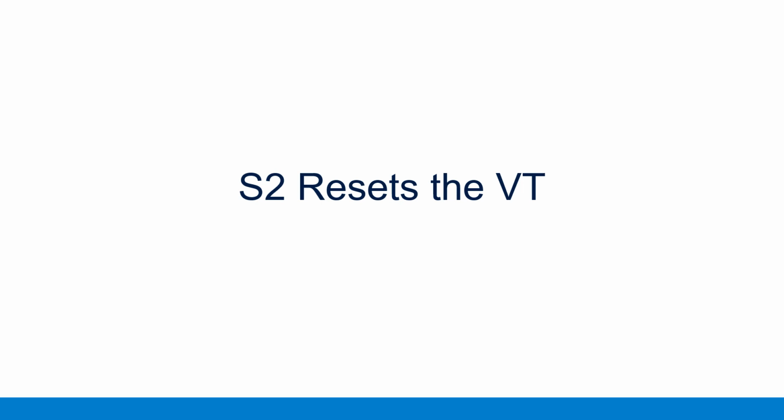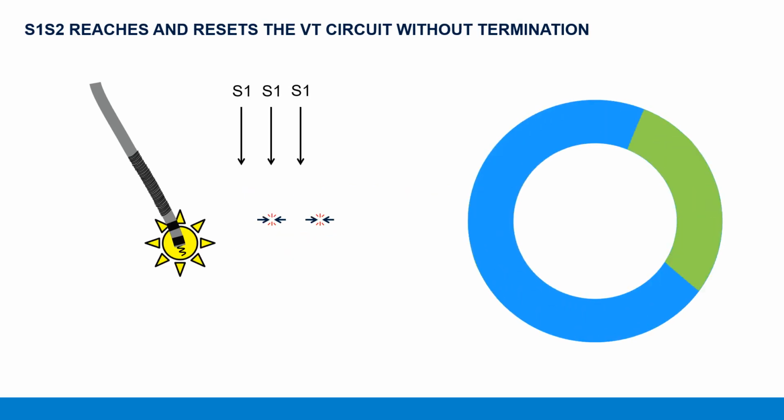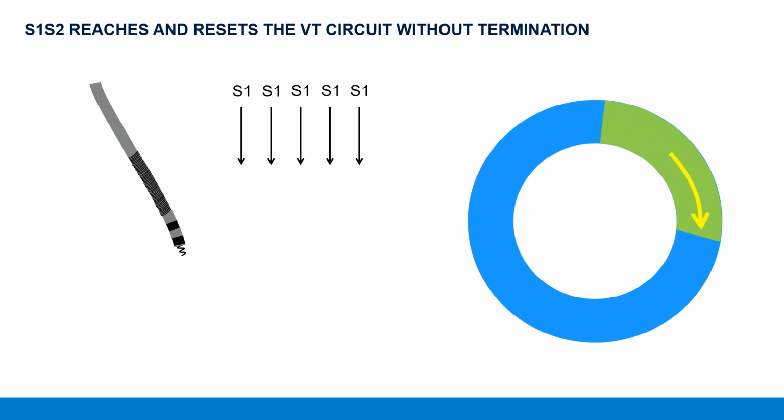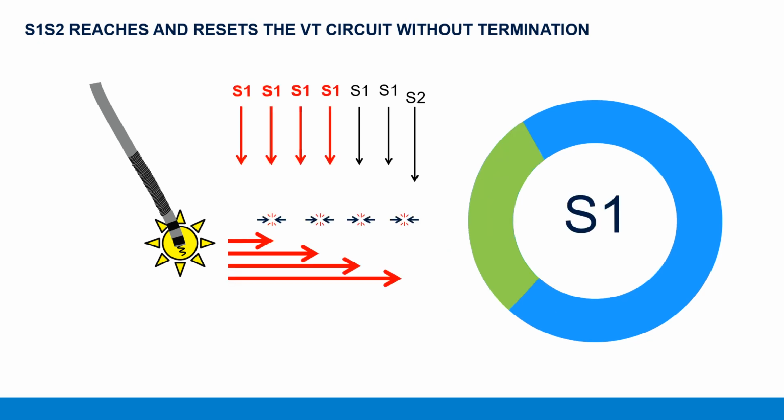Here's another scenario where we fail to terminate VT, but instead the S2 beat resets it. Again, we're going to deliver pacing pulses, a series of S1 beats and an S2 beat, and the tachycardia continues. Let's break down this scenario. The first 4 S1s successfully reclaimed territory to get to the circuit.